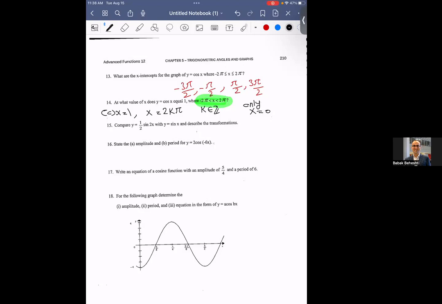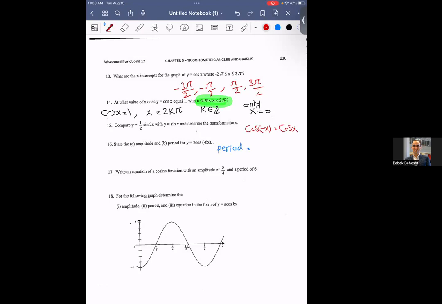Question 16. And question 15 is not bad. You just have to draw the graph. 16, amplitude, period. What is the period? First of all, remember that cosine is an even function, right? This is another important point. So cosine of minus x is equal to cosine of x.